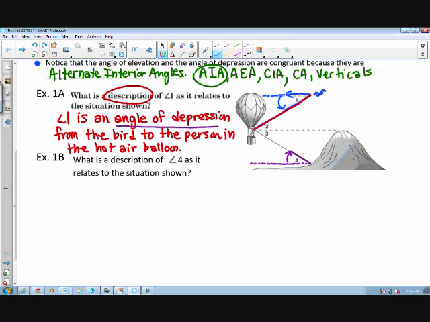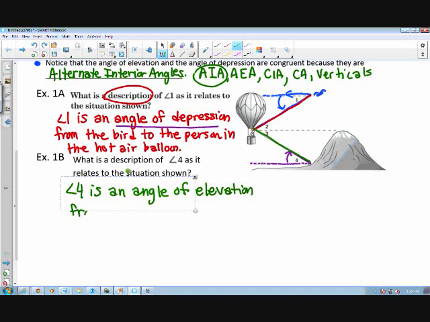Rotating up to, if you follow the line of sight, up to, oh, the dude in the hot air balloon again. Okay, so if we're rotating up, angle 4 is an angle of, now remember we're rotating up, so it's not going to be depression. Depression pulls you down. We want to go up, so elevation, angle of elevation.